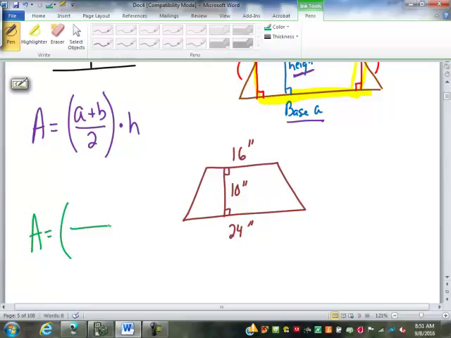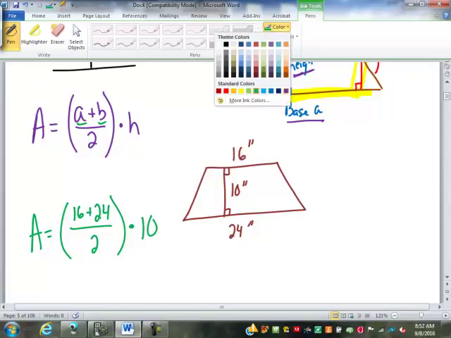What goes in for A? 16 will work. Then for B, 24. Does it matter which one I make, A or B, the 16 or the 24? No, those 2 have to go in for A or B, no matter what order it is. And divided by 2, and then for H we put in 10.